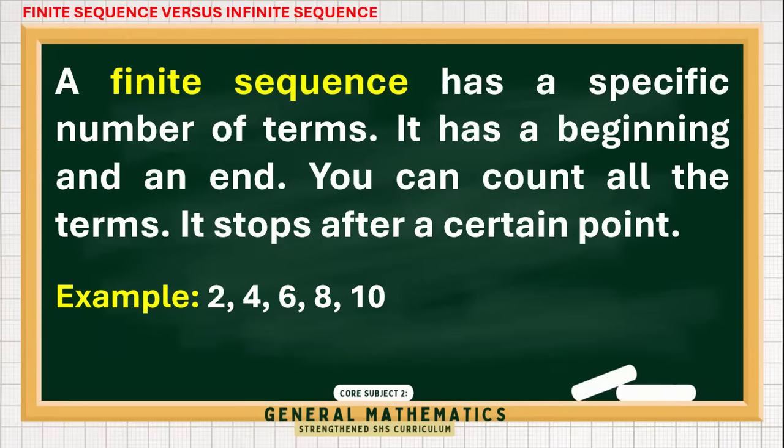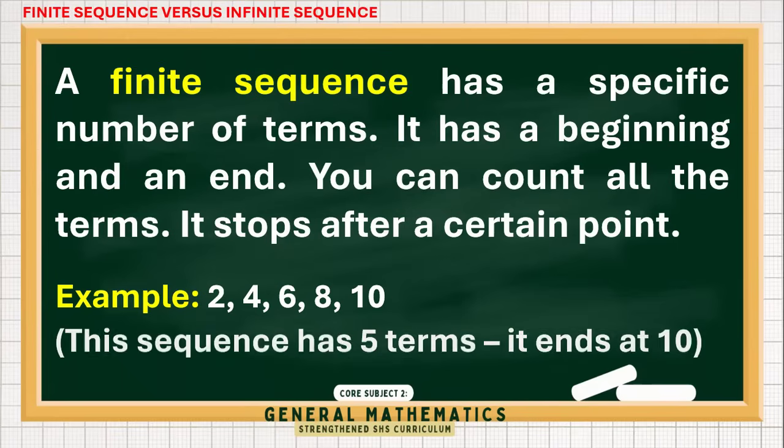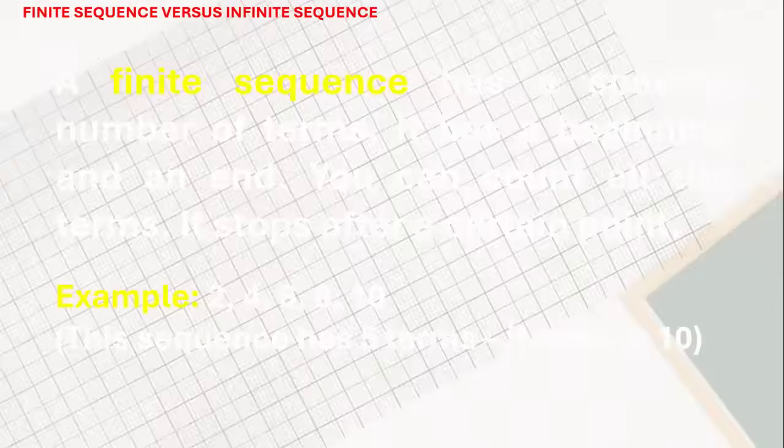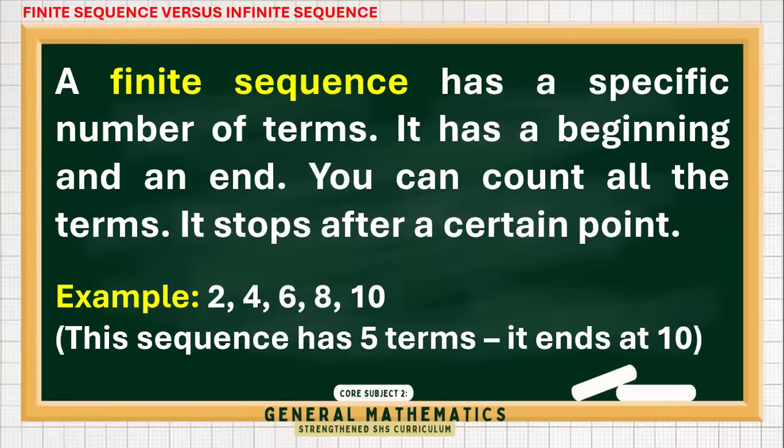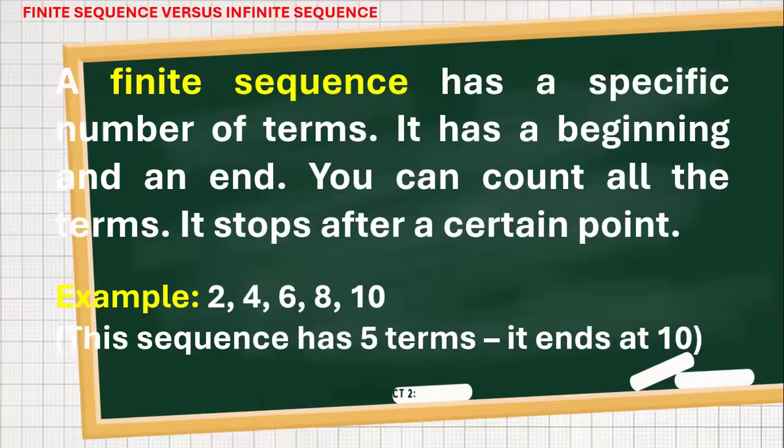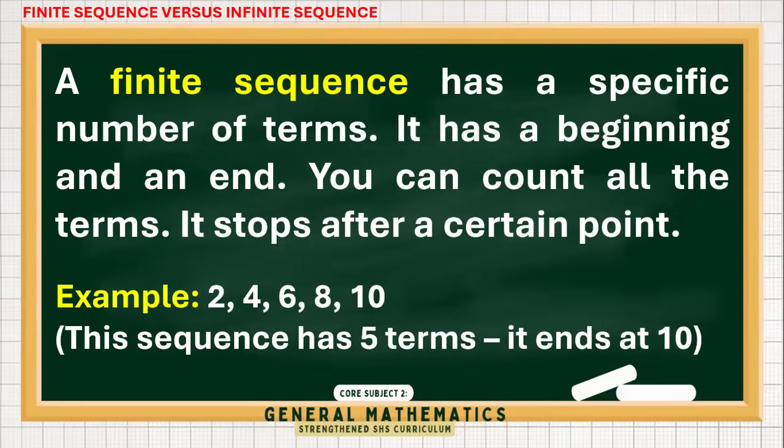For example, 2, 4, 6, 8, and 10. This sequence has a total of 5 terms, so our n is equal to 5. The first term is 2, and it ends at 10. So our a sub 1 is 2, and our a sub 5 is 10, which is the last term of the given finite sequence.